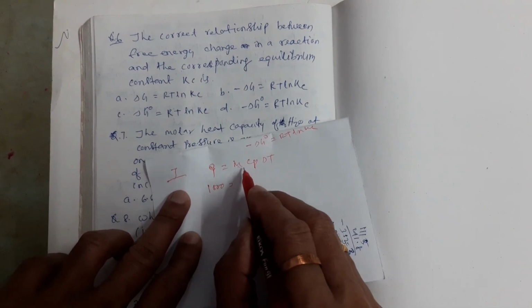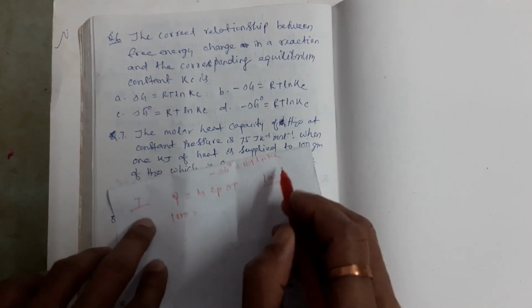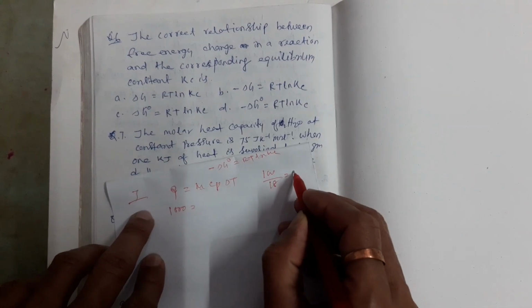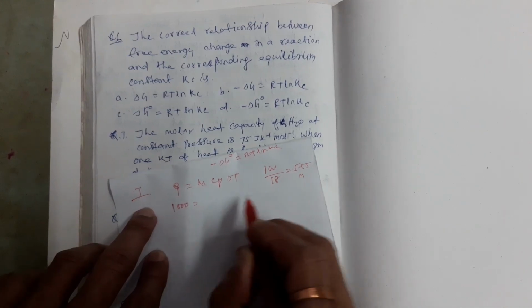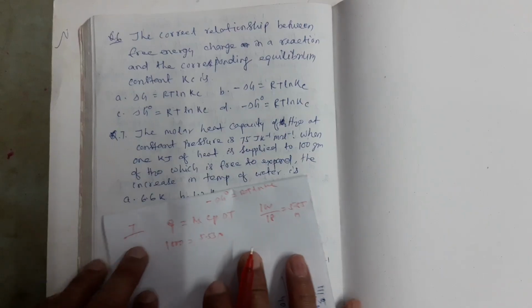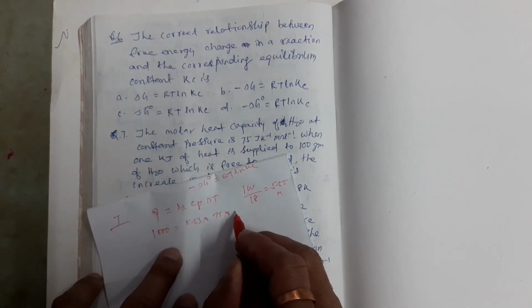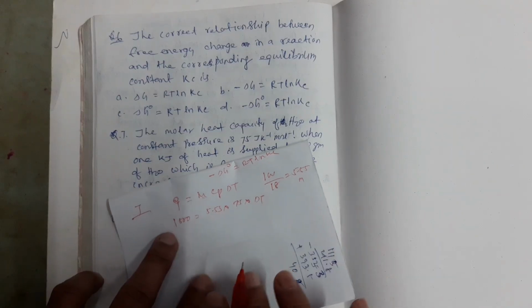This is molar, so 100 gram of water divided by its molecular weight gives 5.55 mole. Then Cp is 75 and you have to find ΔT.